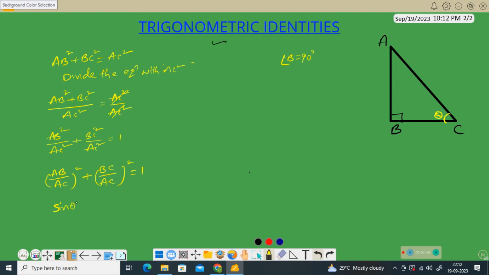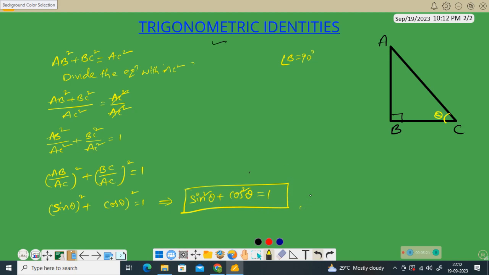BC is the adjacent side for theta and AC is the hypotenuse, so BC by AC, adjacent by hypotenuse, is cos theta. So sin theta whole square plus cos theta whole square equals 1, that is, sin square theta plus cos square theta is equal to 1. This is the first identity.